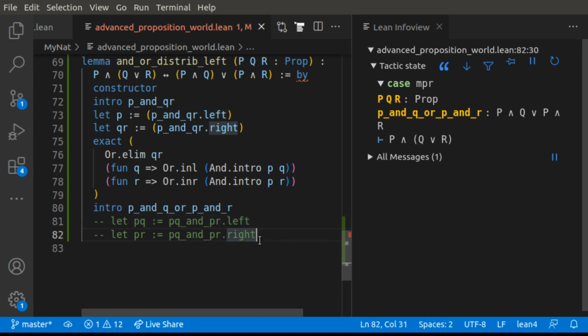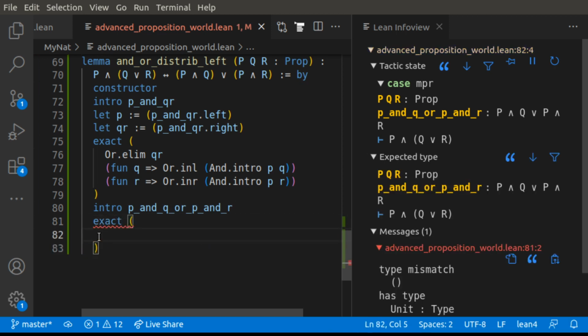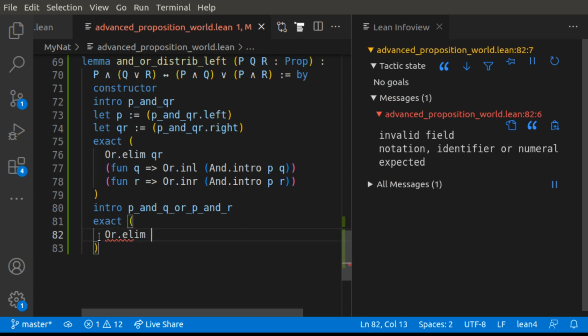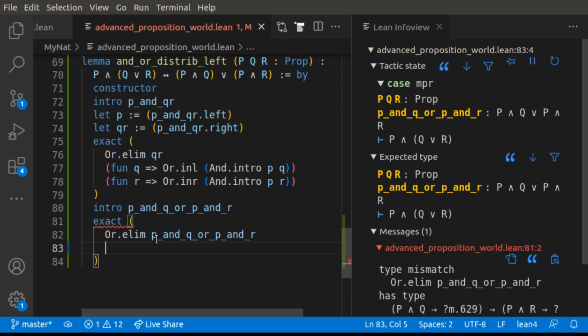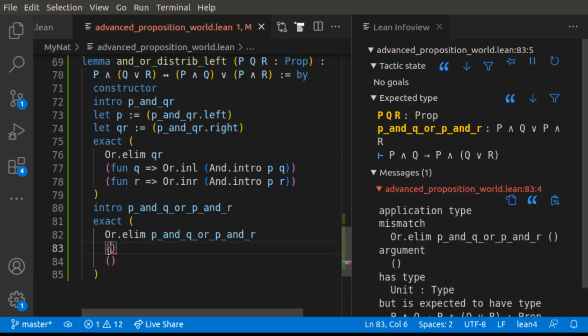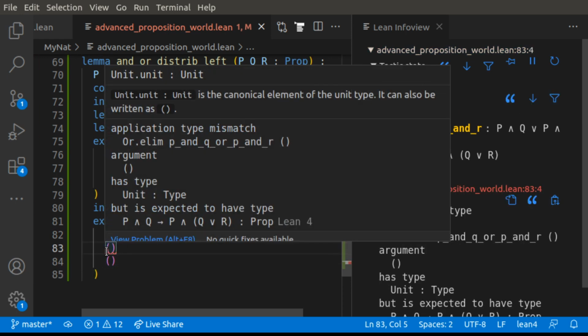Our goal is P and Q or R. I think we're going to want to do another or elim on this monstrosity. Okay, so here we need to prove, given P and Q, prove P and Q or R.